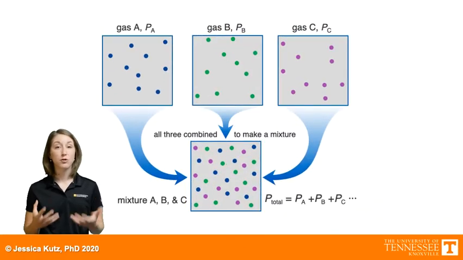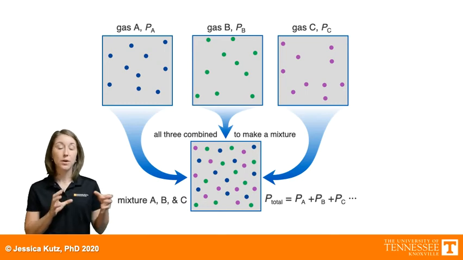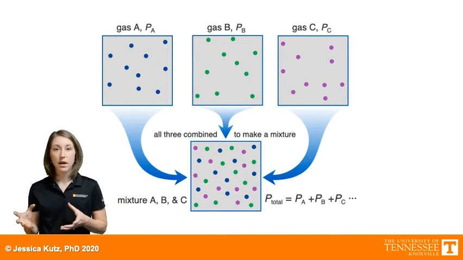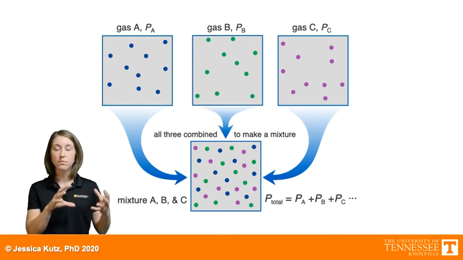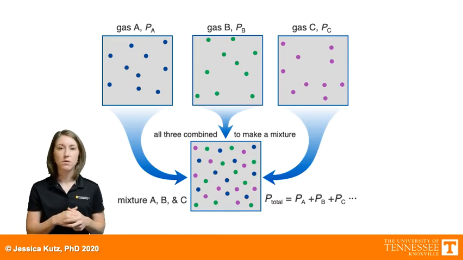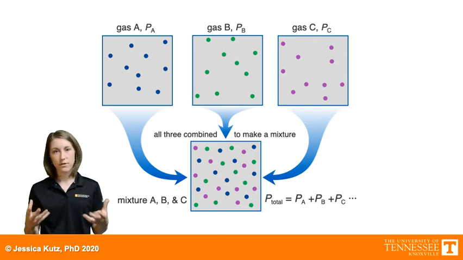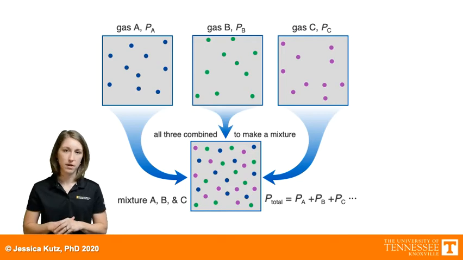This is a nice visual representation of the partial pressures of gases. So we have three different gases here, and they each have their own partial pressure, right? So that's the pressure that they exert in the volume that they are existing in. So it's going to be based on the number of molecules and the properties of those molecules. In this picture, it looks like all three gases have a similar percentage.